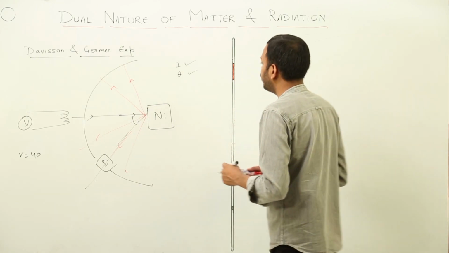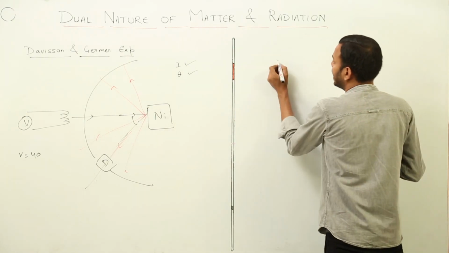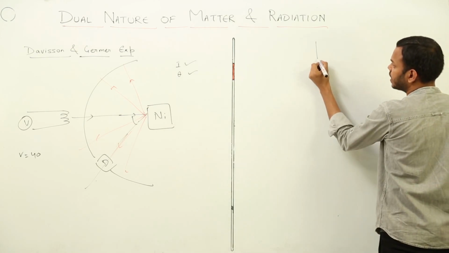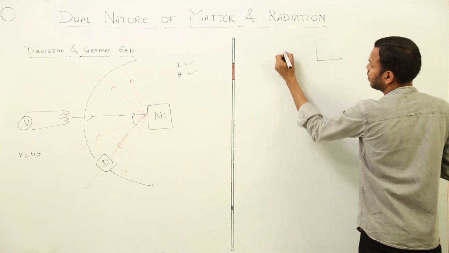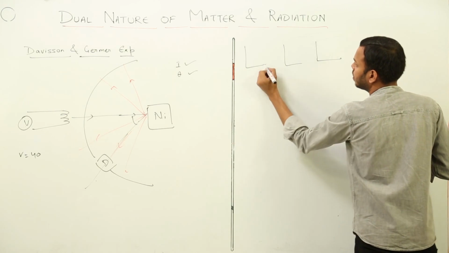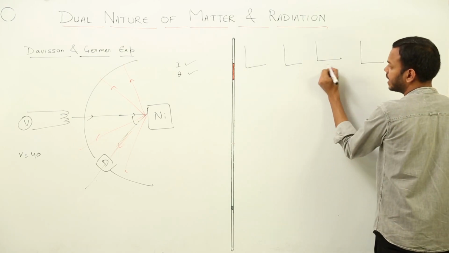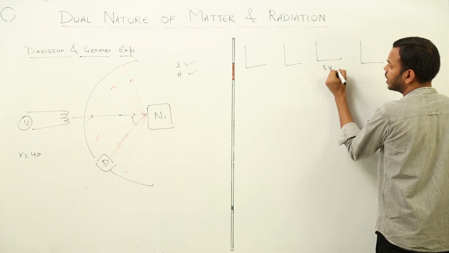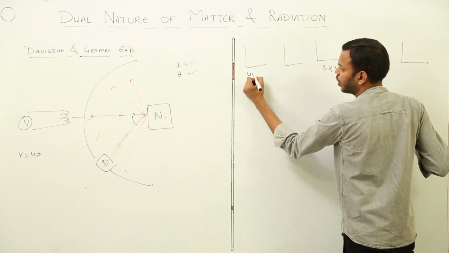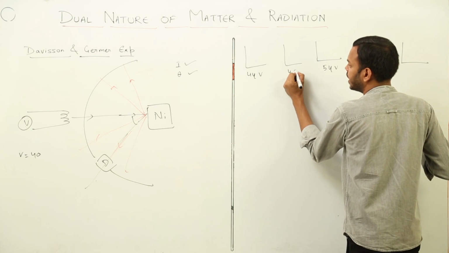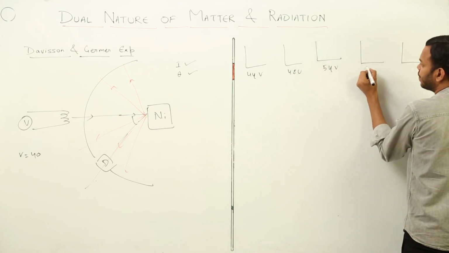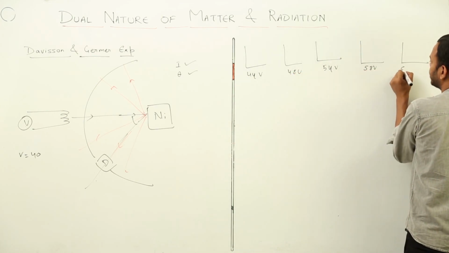So the observation was like this. I'm making a few graphs here. On this side I am marking the voltage: 44 volt, 48 volt, 54 volt, 58 volt and 64 volt.